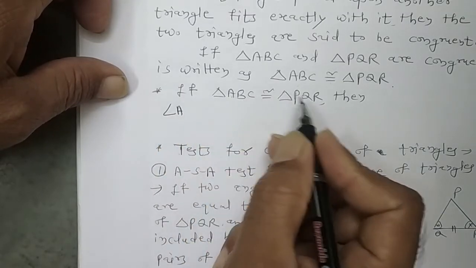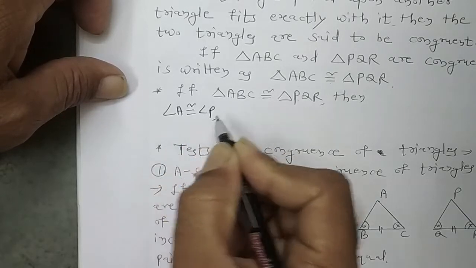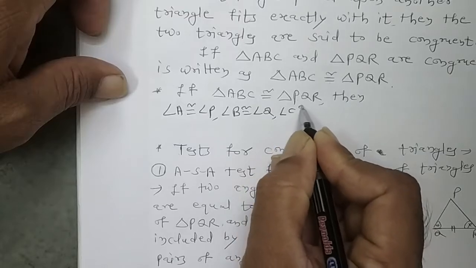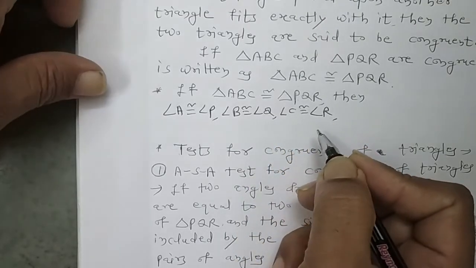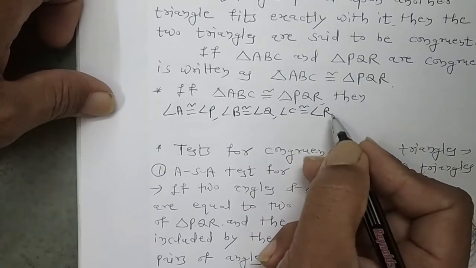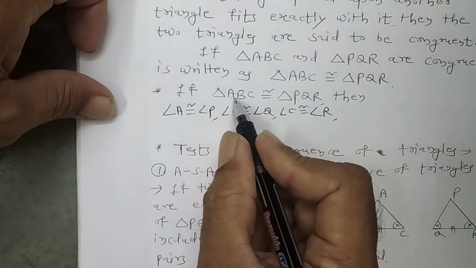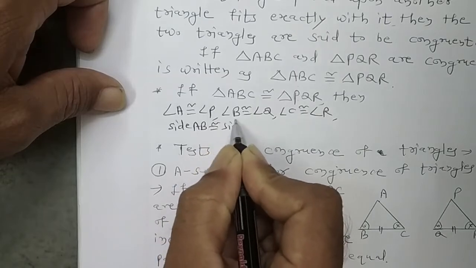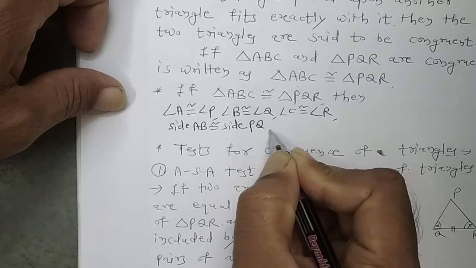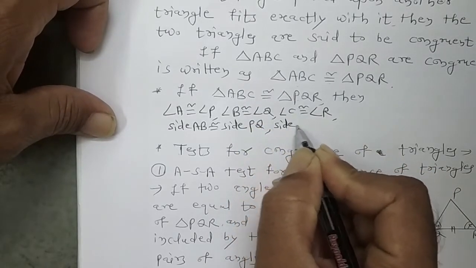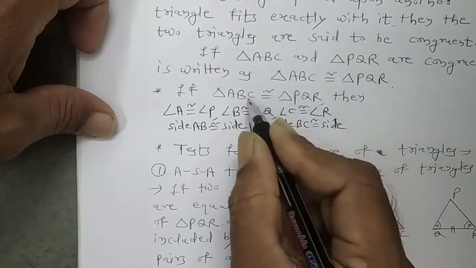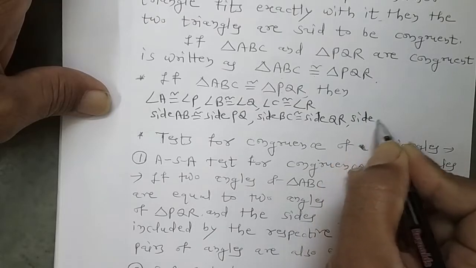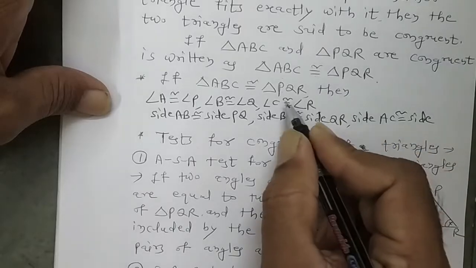That is, angle A congruent to angle P, angle B congruent to angle Q, and angle C congruent to angle R. Corresponding sides are also congruent: side AB congruent to side PQ, side BC congruent to side QR, and side AC congruent to side PR.